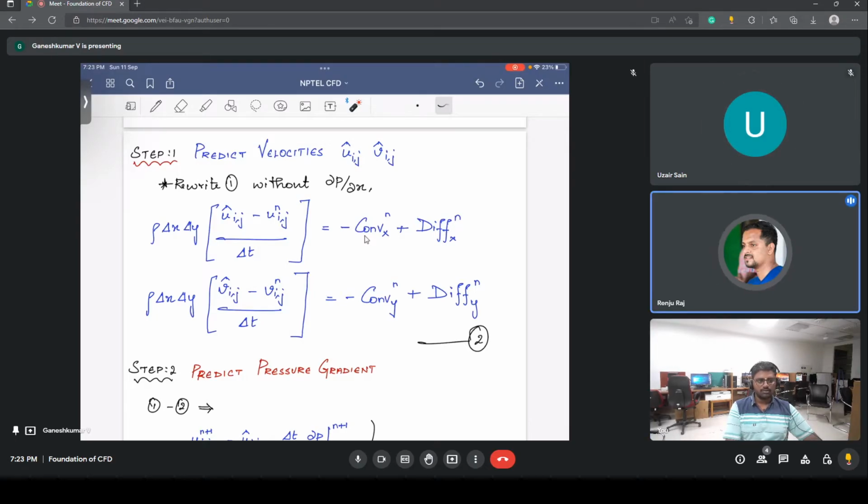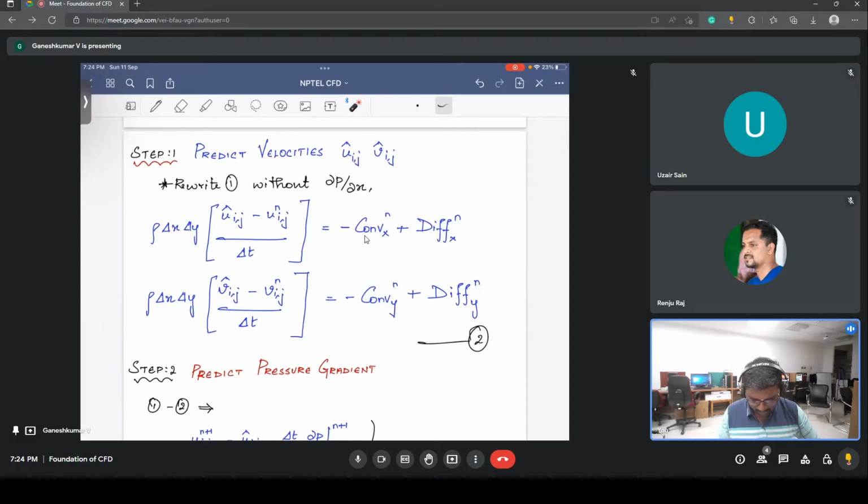There should be a difference in energy, right? Energy or pressure difference. This pressure difference is going to drive the flow, and you have predicted some velocity which doesn't have a pressure difference or pressure gradient. If it doesn't have a pressure gradient, how will it satisfy the continuity equation? So the predicted velocity won't satisfy the continuity equation.